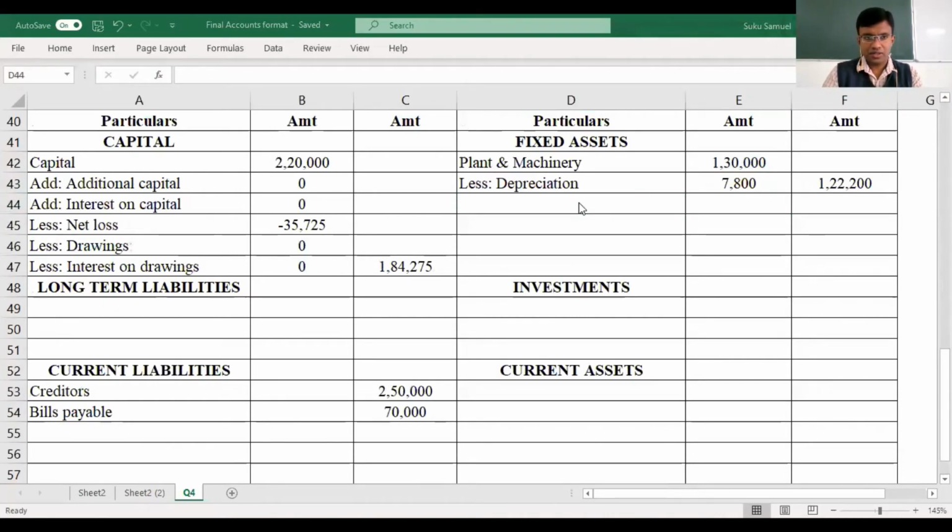Now let's look at the other assets that we have to fit in. The other assets are your furniture.